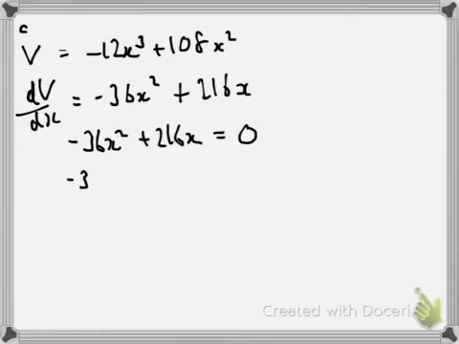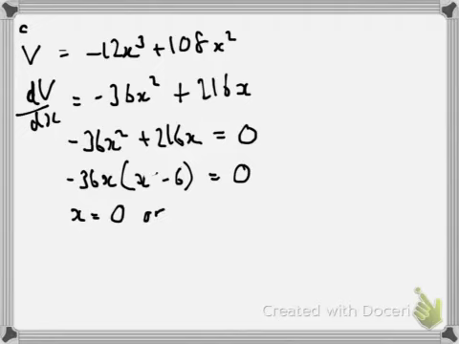Negative 36x can actually go out the front, negative 36x outside of x. 36 goes into 216 6 times. So it's going to be minus, sorry, that shouldn't be x squared there. Let's rub that out. Minus 6 equals 0. Therefore, x equals 0 or 6.